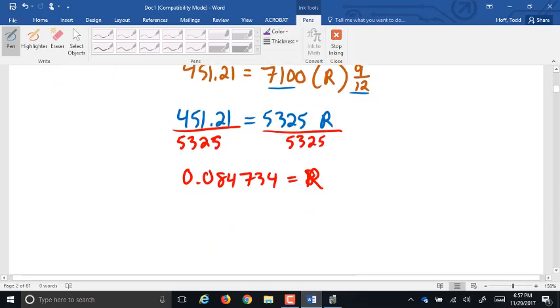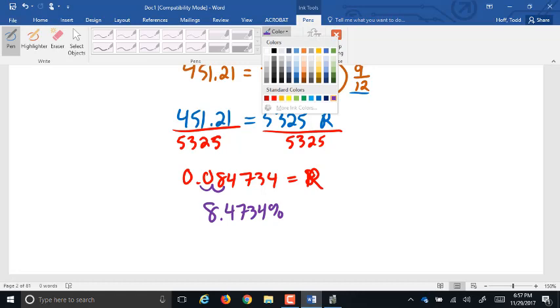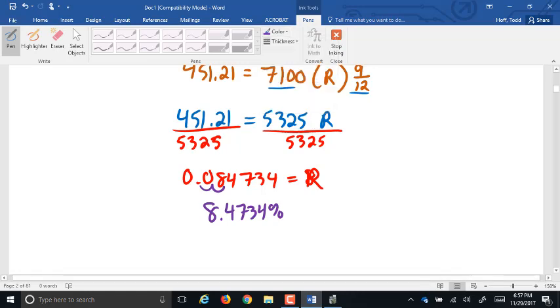We move the decimal point to make it a percent, 8.4734%. And if you're not told, we always round to the 100th of a percent. So 8.47%. You guys ready to try one?